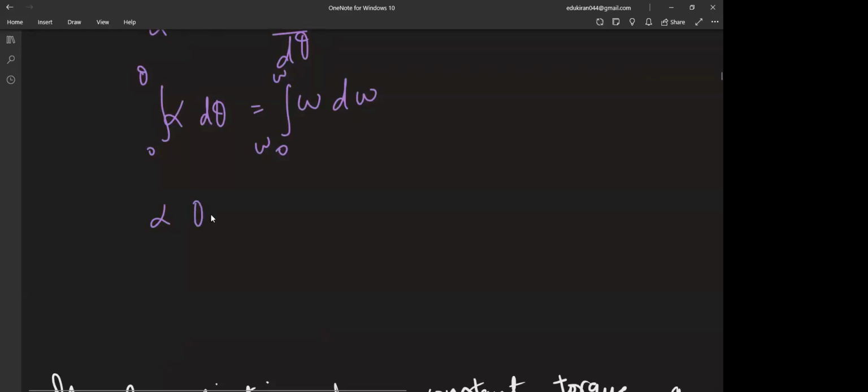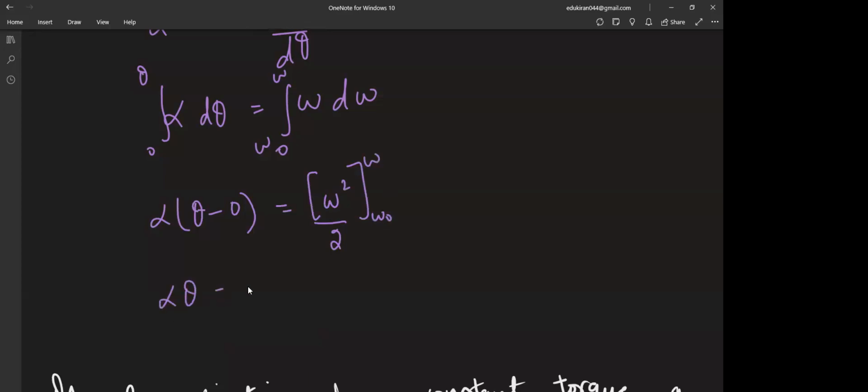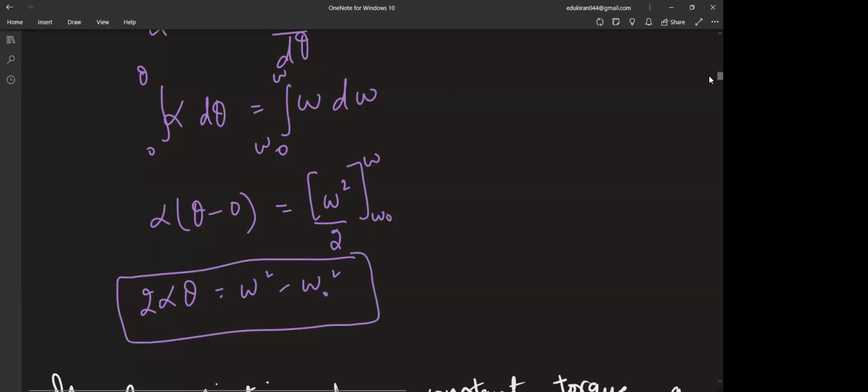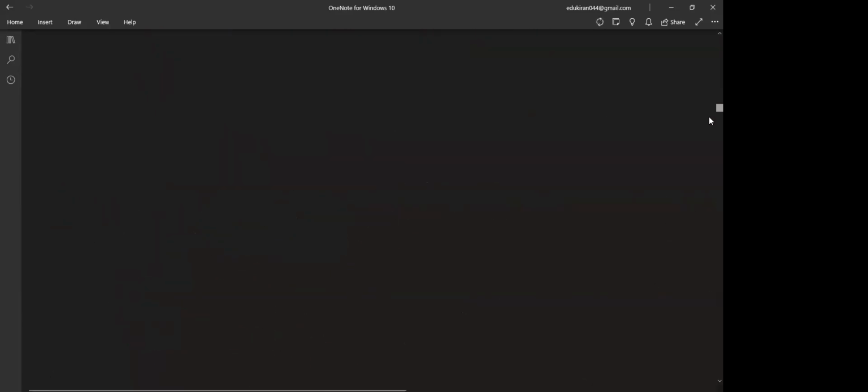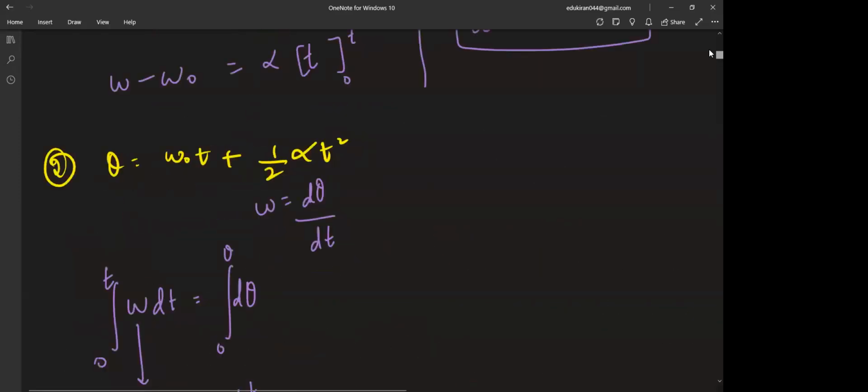This becomes theta minus 0. This is omega square by 2 from omega naught to omega. So 2 alpha theta is equal to omega square minus omega naught square. This is the equation. This is how to prove all the equations. Okay, note it down.